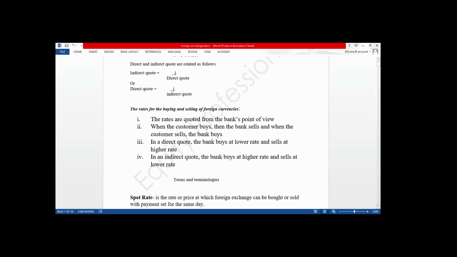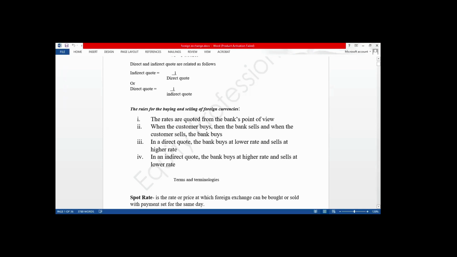Let me explain that number 2 rule. You must identify the buyer and the seller. When the customer is willing to buy foreign currency, then the bank will sell foreign currency. Alternatively, when the customer is willing to sell foreign currency, then the bank will buy foreign currency.